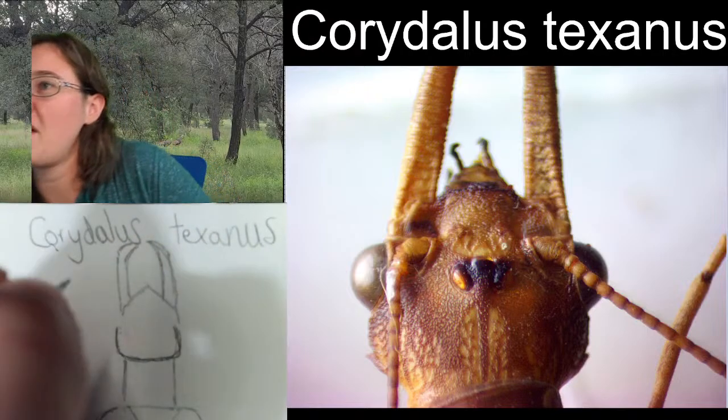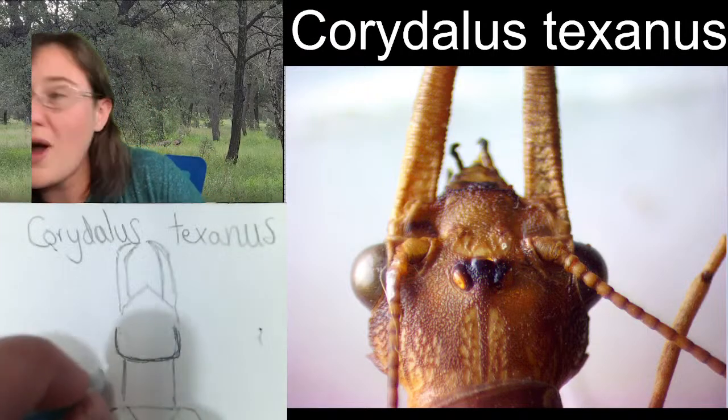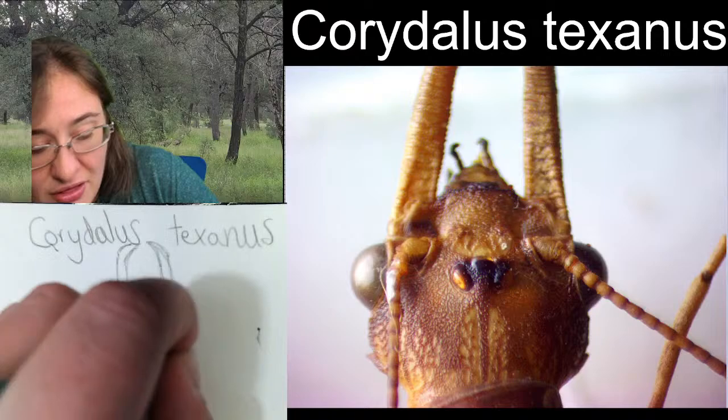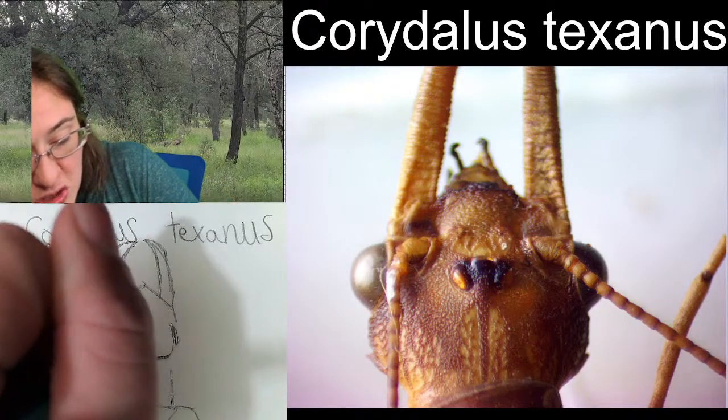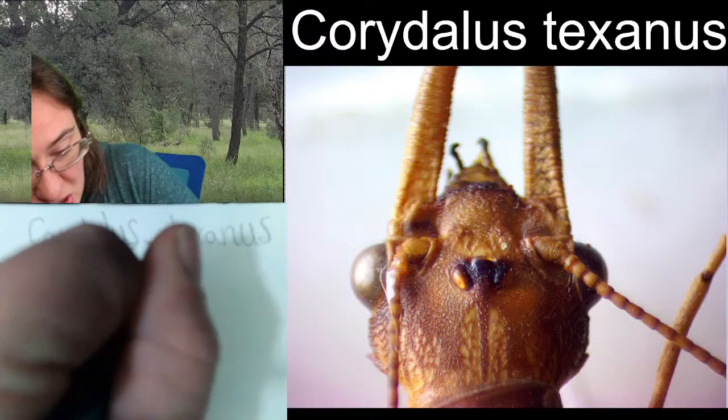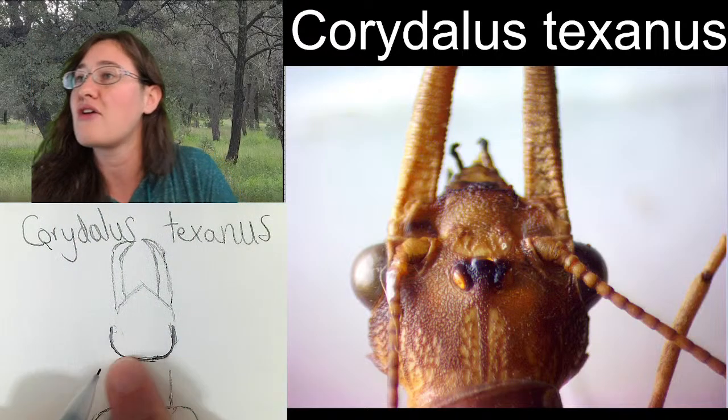That's already looking better. It looks like it's almost 90 degrees, but these are rounded edges back here. So go ahead and make sure the back of your head is nice and round.